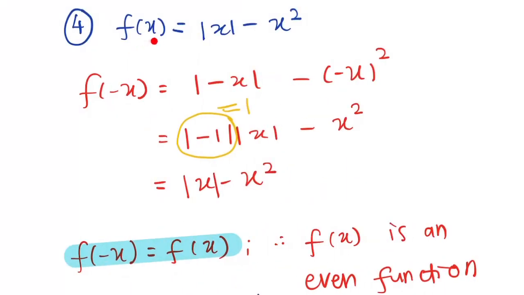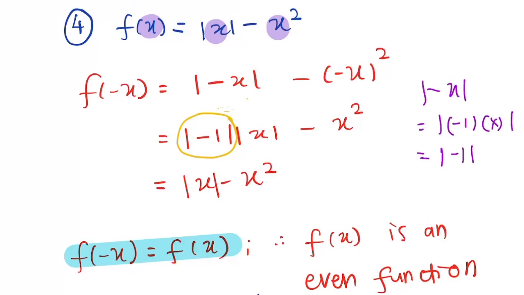Now let's see this question here. f(x) is modulus x minus x squared. We want to substitute x with -x, and this is another two-part expression. So let's fill in: modulus of -x minus (-x) squared. Modulus of -x is equal to modulus of -1 multiplied by x. When you split it, it is modulus of -1 times modulus x. What is modulus of -1?